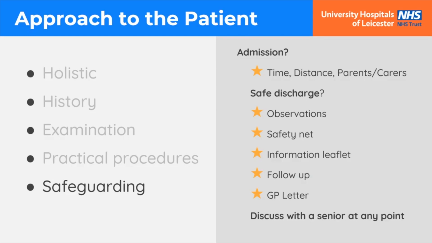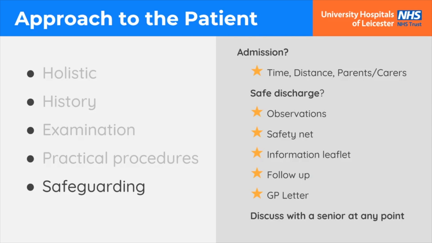If, however, you've determined that it's safe to discharge the patient, they need to have a full set of observations within 30 minutes of discharge. You need an appropriate safety net that the parents understand and agree with. It's useful to have an appropriate information leaflet to give the parents, and where necessary, an agreed follow-up opportunity, which may involve the GP or returning to the hospital.